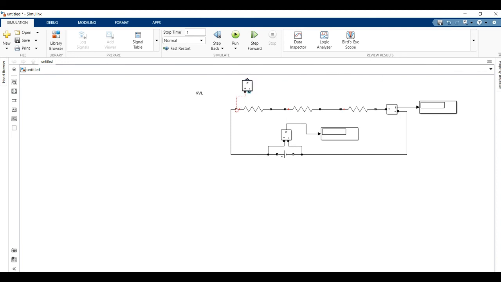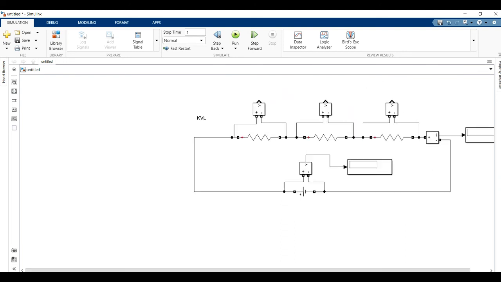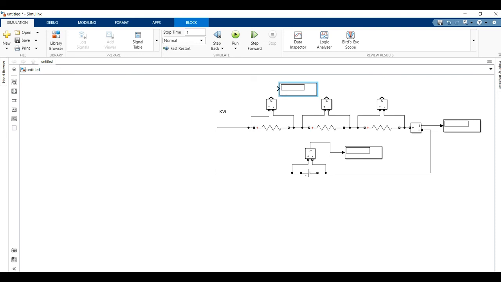Now take a voltage measurement and put it across R1. Connect the voltage measurement across VR1, VR2 and R3. Now add display units for VR1, VR2 and VR3.